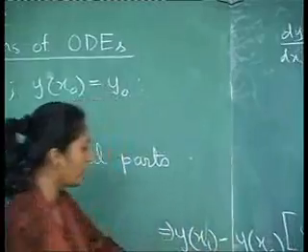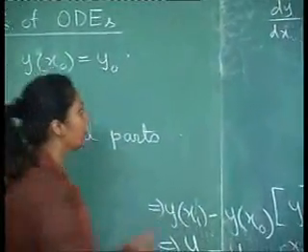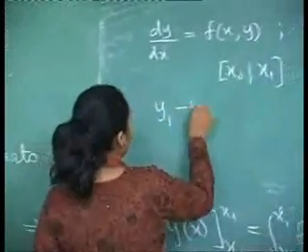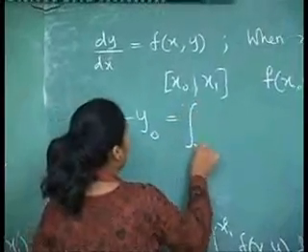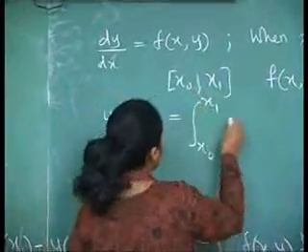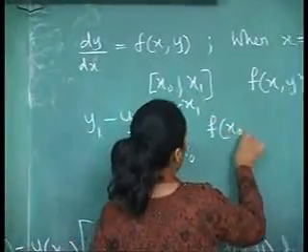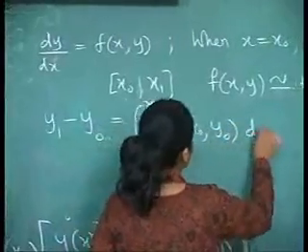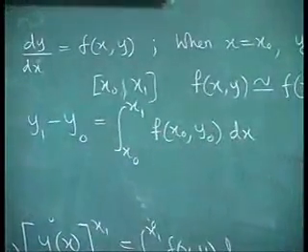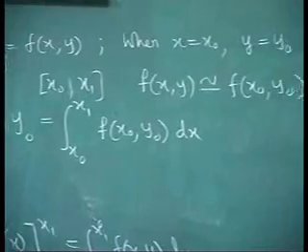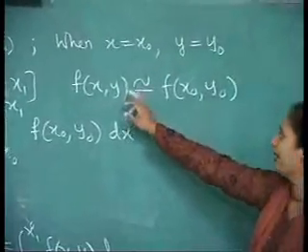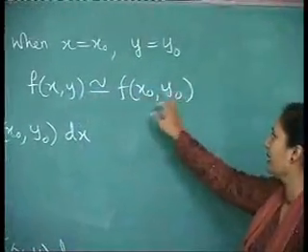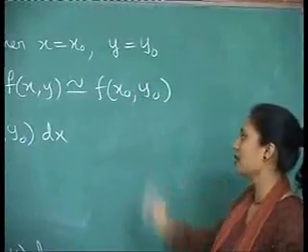If I now substitute in this, I will get y1 minus y0 equal to the integral from x0 to x1 of f of x0, y0 dx. So I am assuming that in this interval x0 to x1, the value of the function is approximately equal to f at x0, y0.